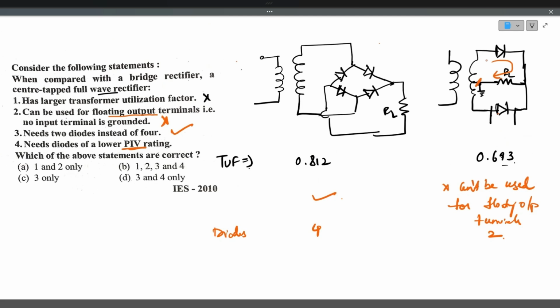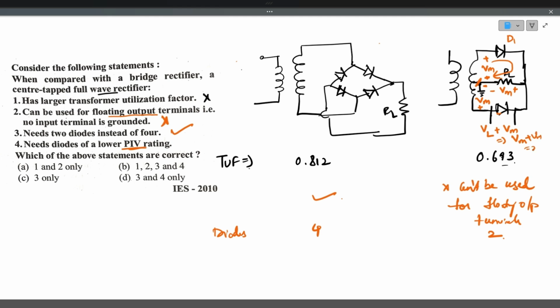When D1 is conducting, this is the Vm voltage across the upper secondary winding, and this is Vm voltage across the lower secondary winding. The entire upper winding voltage will appear across the load resistance. So the voltage across D2 will be the load voltage plus the secondary winding voltage, that is Vm plus Vm, which is 2 Vm.